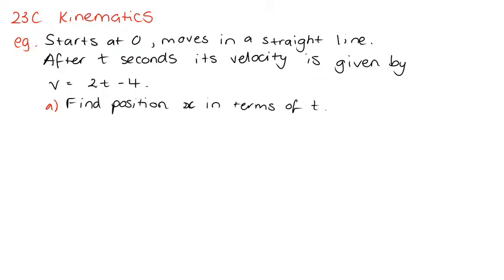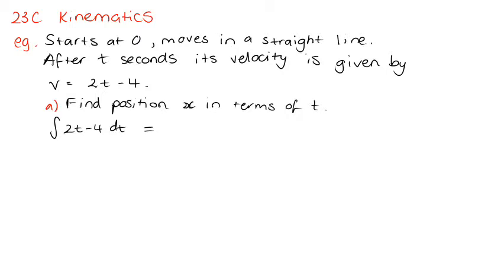So we're given the velocity formula. Quite obviously, we need to just antiderive it to go back to displacement. That's all we're doing. So we'll do the integral of 2t minus 4 dt, because we're talking about t.